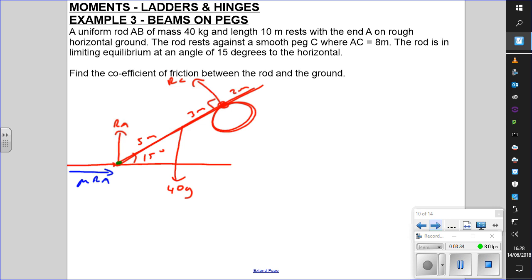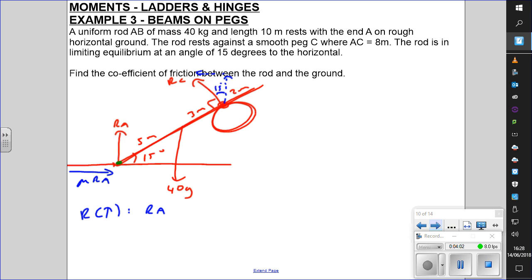Okay, so normal stuff. The first thing I would do is resolve. Resolving is the easiest thing to do, because we need to find what RC is, we need to find what RA is, and then we can start figuring out all the unknowns. All right? So, resolving up, we've got RA going up, and RC is split into an up and a cross, isn't it? And what's that angle in there?